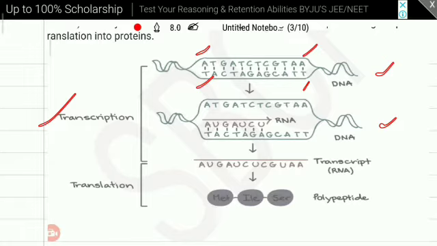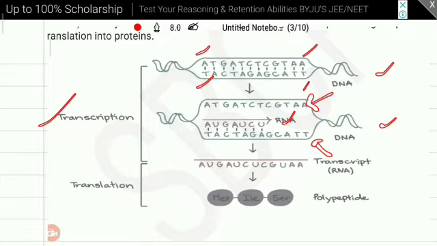Two single strands are formed. This is one single strand and this is another single strand. One single strand is used to make what is called RNA. So you could see here, this is RNA that is made out of a single strand of DNA.